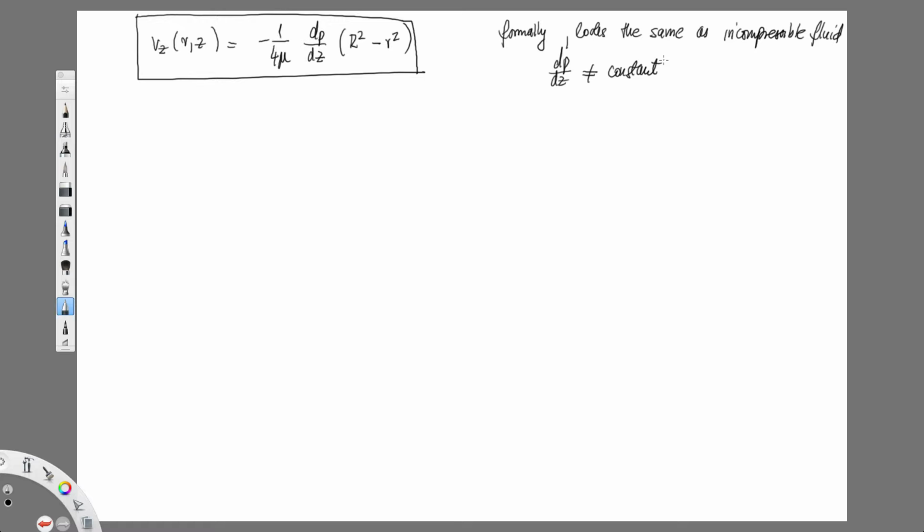So let's see what could be a little different when I actually integrate and look at the total mass rate. So let's now see some fluxes for this fluid. If I do mass rate, it depends on z, and it's my rho of z times volumetric flow rate q of z.